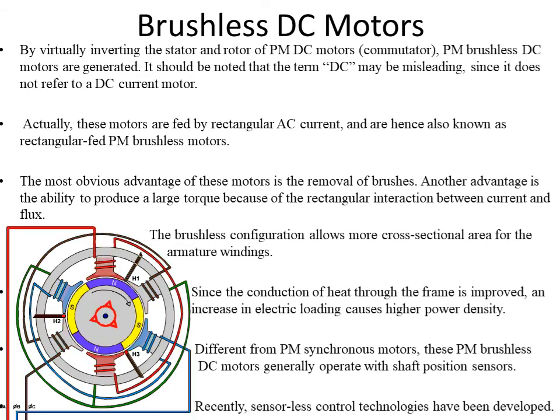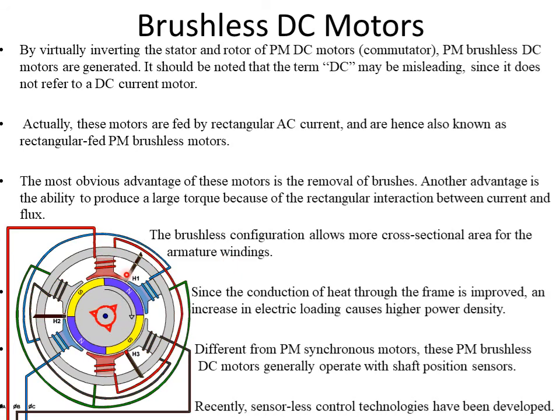Coming to the brushless DC motor, this is a type of synchronous motor, we can say. The difference is that for this motor we do not have a sinusoidal supply, but a switched supply given according to the rotor position, and the back EMF will be trapezoidal in shape, whereas in the case of the usual permanent magnet synchronous motor it is sinusoidal.